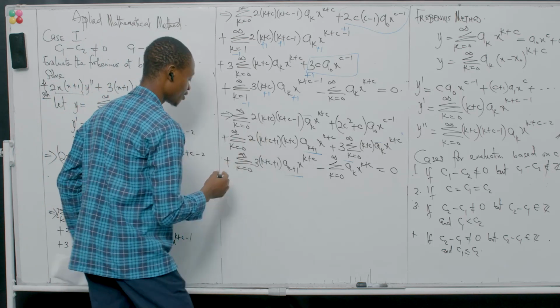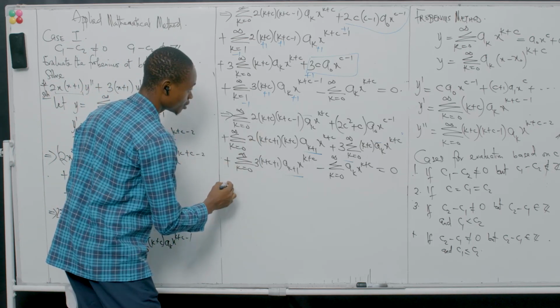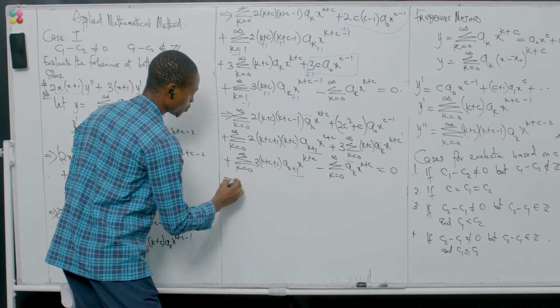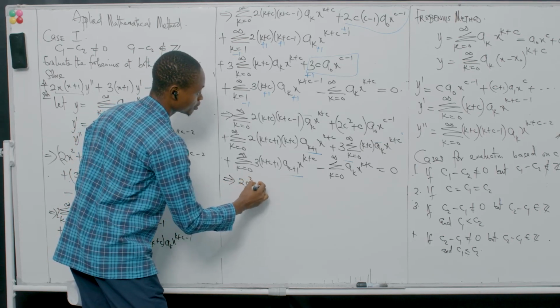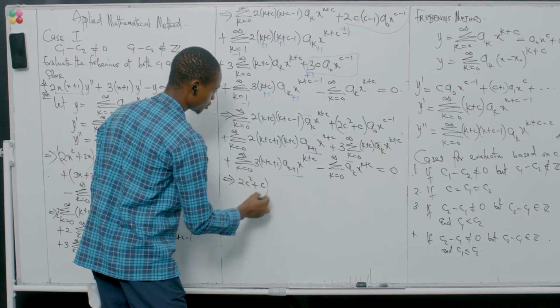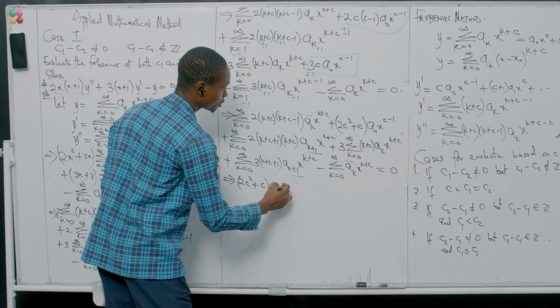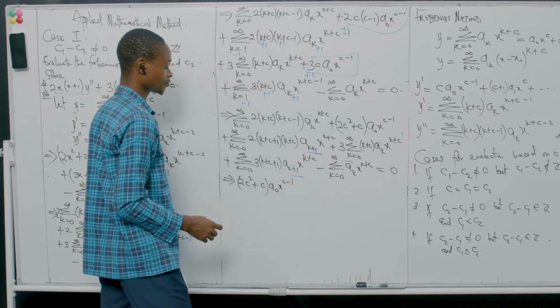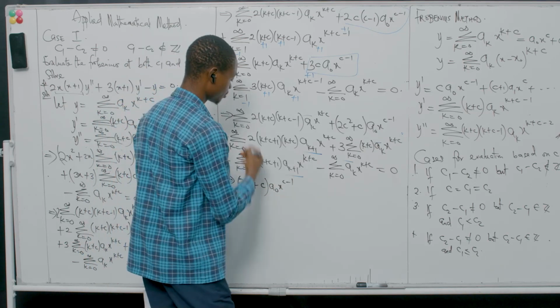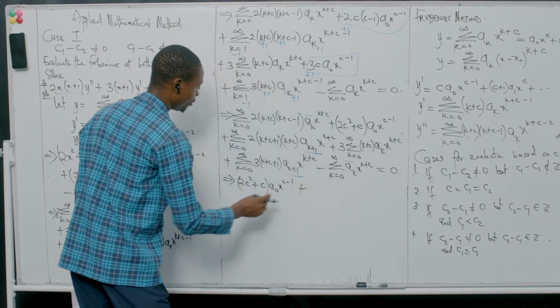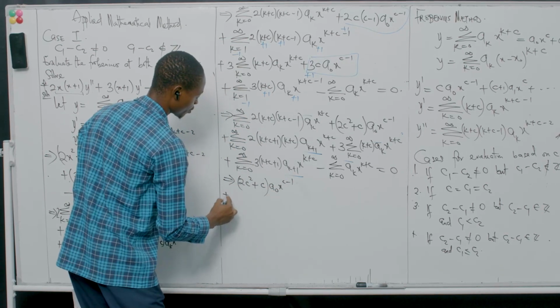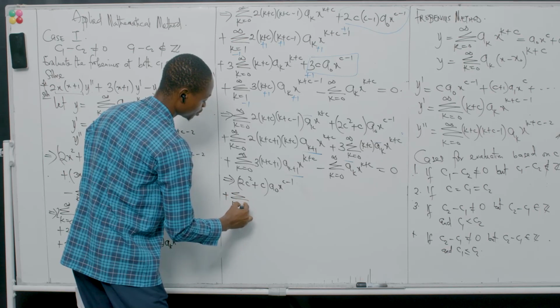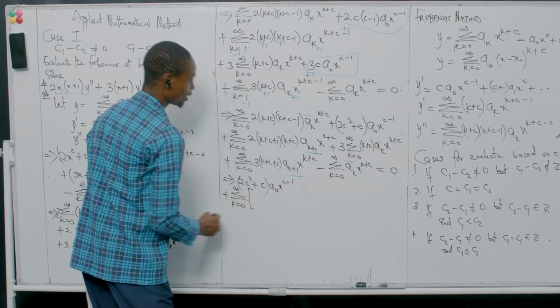So here we would have 2c squared plus c, a naught x raised to power c minus 1, and then plus summation k starting from 0 to infinity, and then the entire load.